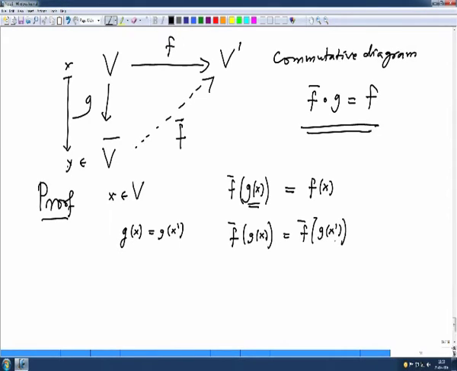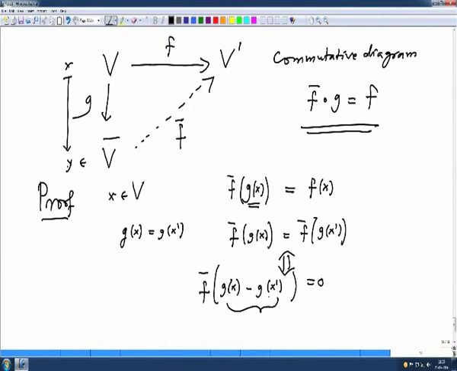This means, this is equivalent to checking f bar of gx minus gx prime is 0, because f bar is linear. That means this should be in the kernel. No, okay.